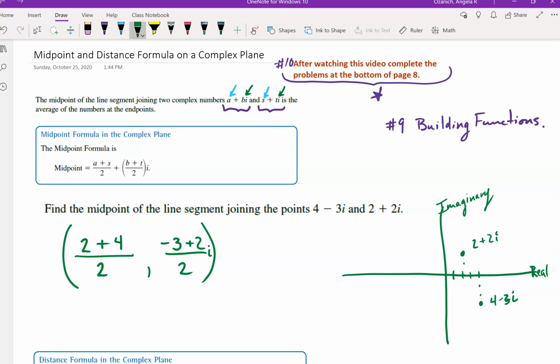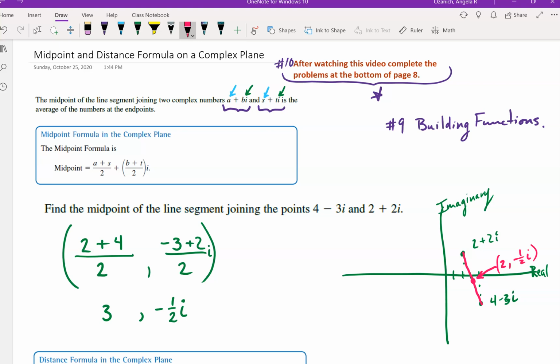So we will say 3, comma, and then that looks like it's going to be negative 1/2 i. Let's see if that finds us the middle of our line. Here's our line, and 3 and negative 1/2 i. There it is right there, guys. You just found the midpoint on a complex plane.